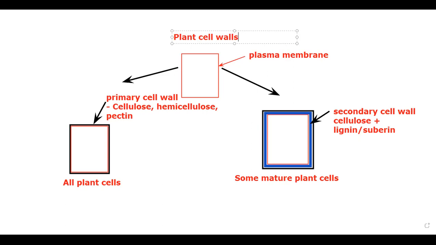Use different colors, show different thickness. That is very important. You can see which one I have drawn as a thicker one: the secondary cell wall.